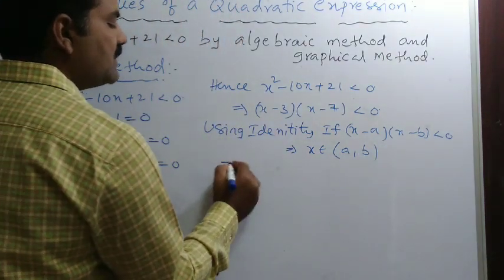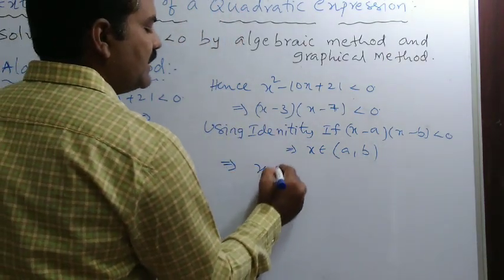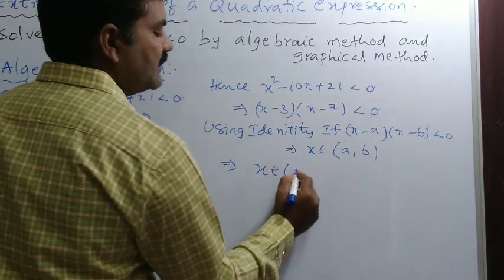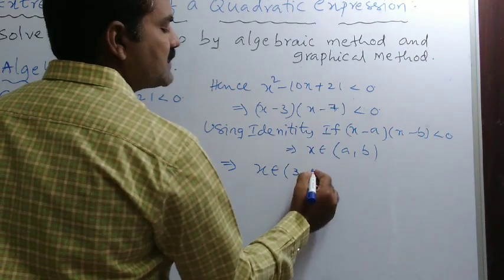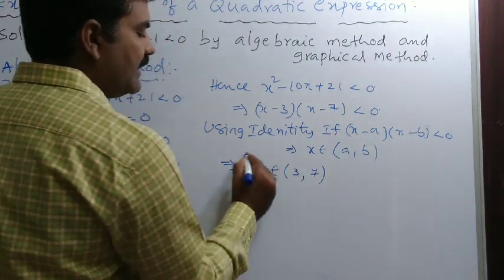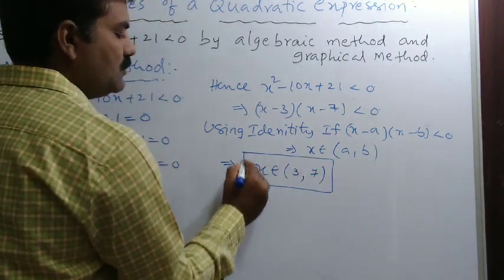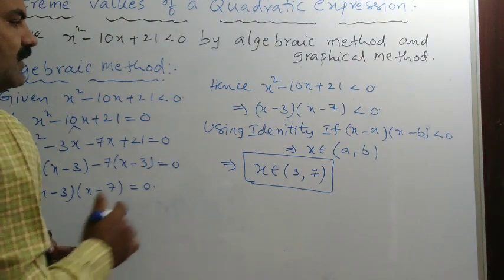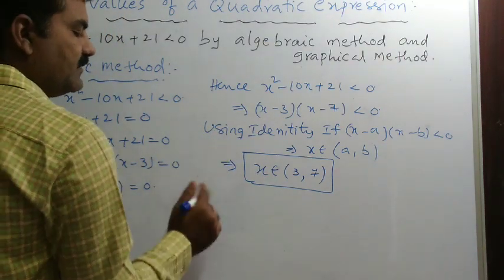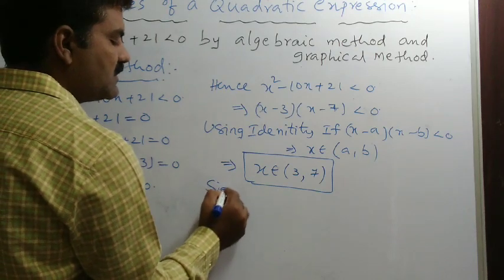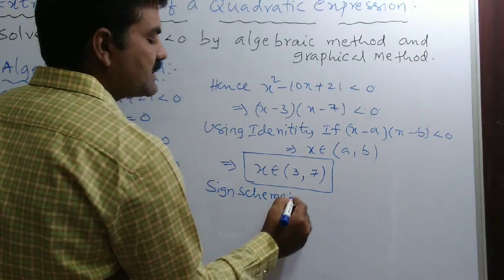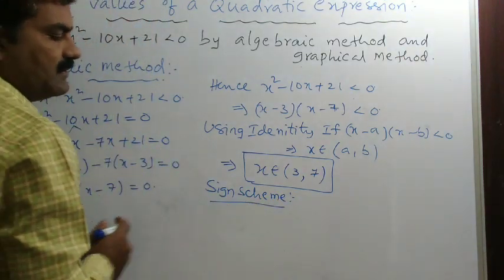So according to this identity, a is 3 and b is 7. Hence I can write that x belongs to the open interval 3 comma 7. If we don't know about this identity, then at least you can use the sign scheme also. Using the sign scheme also we can discuss its sign.